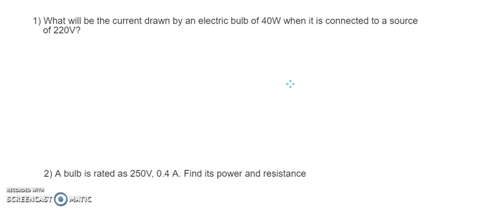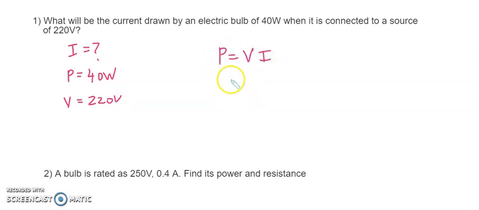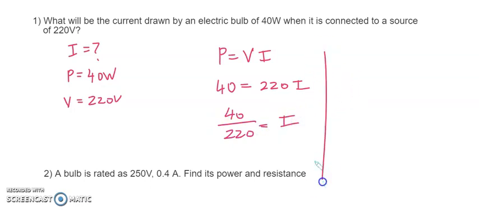So the first one is they have given us, what will be the current is what they are asking us. That means voltage and power are given. So power is equal to 40 watt and voltage is equal to 220 volt. So we know the formula P equals V into I. So P is 40, that is equal to 220 I. So I should divide 40 by 220 and that will give me the I, right?